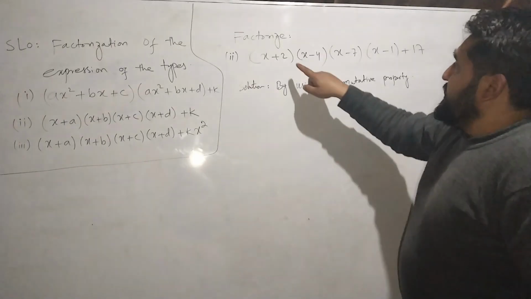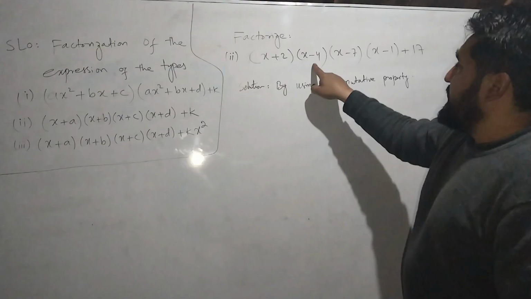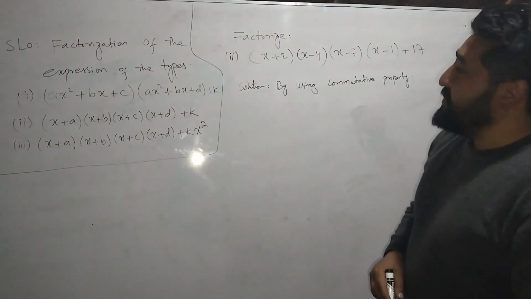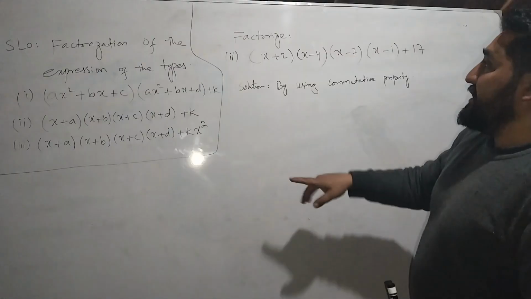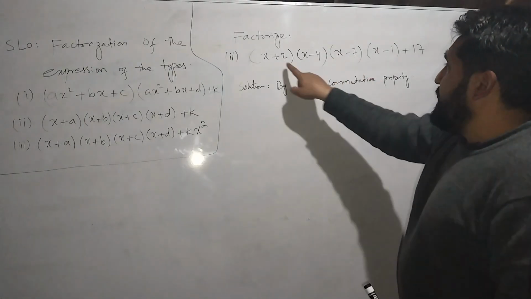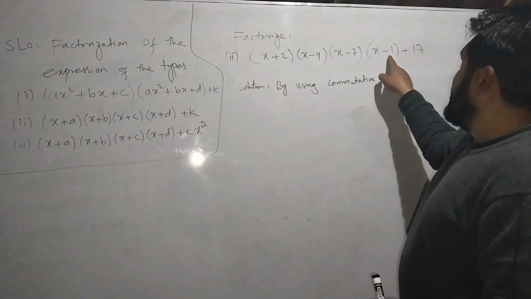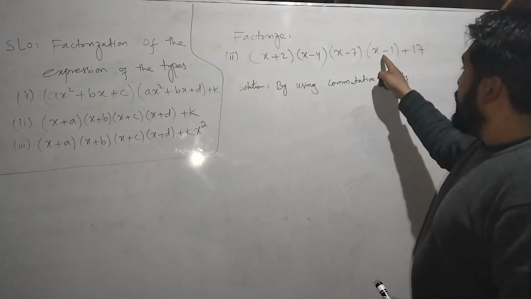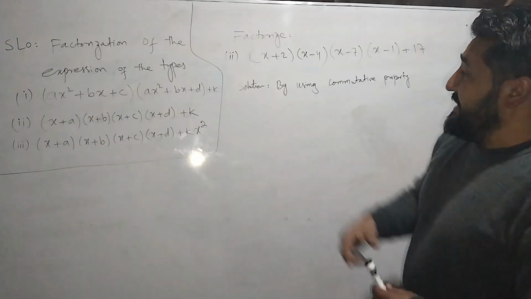Is it clear? So here, if we add these two, our result is minus 2. If we add these two, our result is minus 8. Both are not equal. If we add these two, our result is minus 5. If we add these two, our result is minus 5. So we multiply these two separately, these two separately.